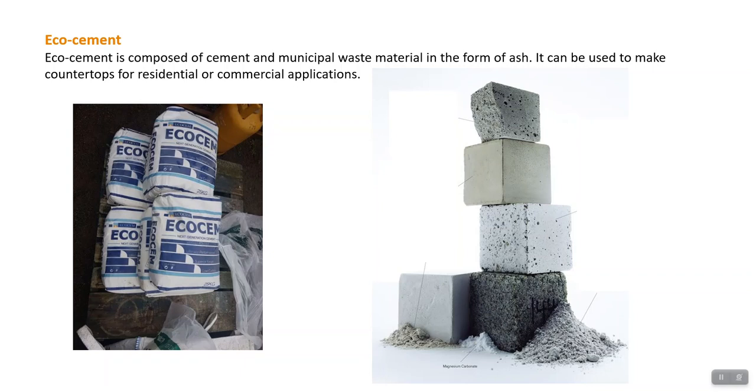We mix it with the traditional cement, so it can be used to make countertops in kitchens, for example, for residential and commercial applications. Because eco cement is less costly, as it is made mainly of waste material, and it is lighter than traditional cement, it is becoming quite common.